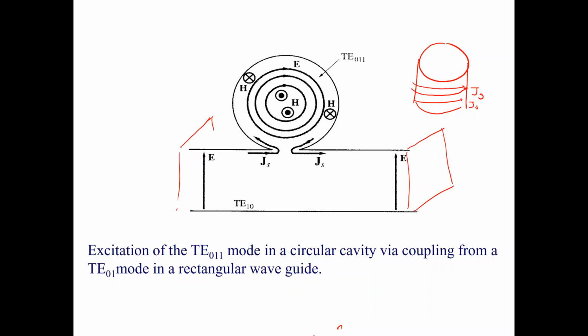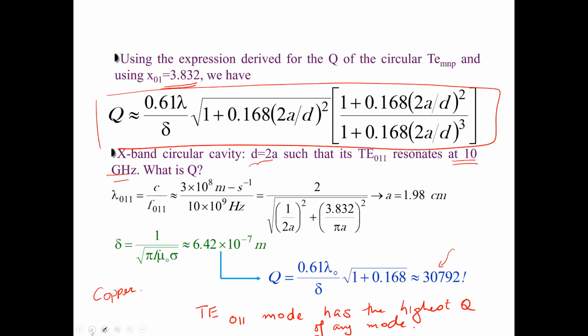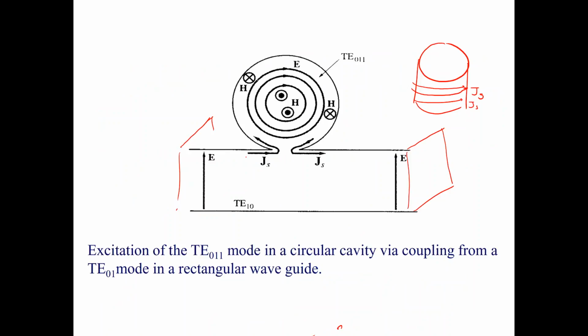So now if I'm thinking, okay, I want to excite this mode, how can I excite that mode? Well, if I have a magnetic field which creates a specific current, then if I can create a current, it will create a specific magnetic field. These go well together. So think of it now. If I can create this waveguide such that there is a current Js flowing in that direction, then when I have connected this cavity, there is nothing for it to go forward.